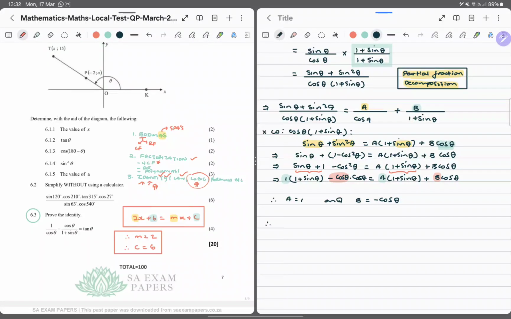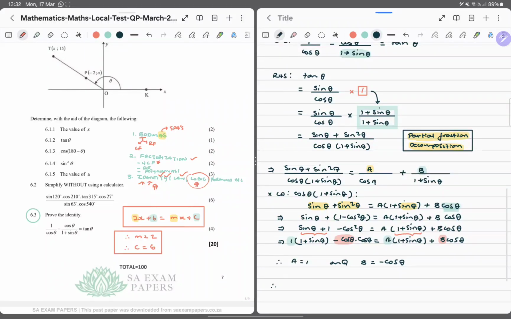We can say, therefore, we go back. Remember, what were we trying to get to? This one right here.